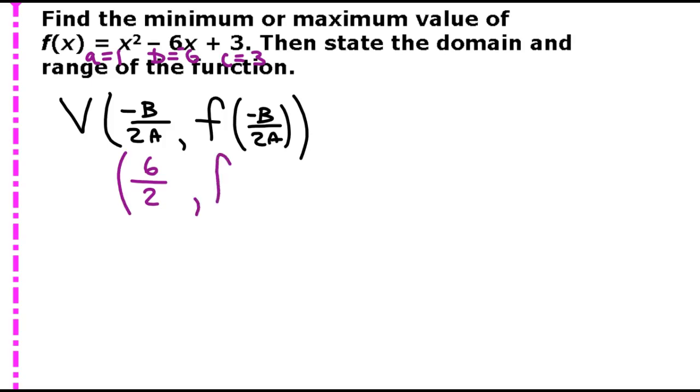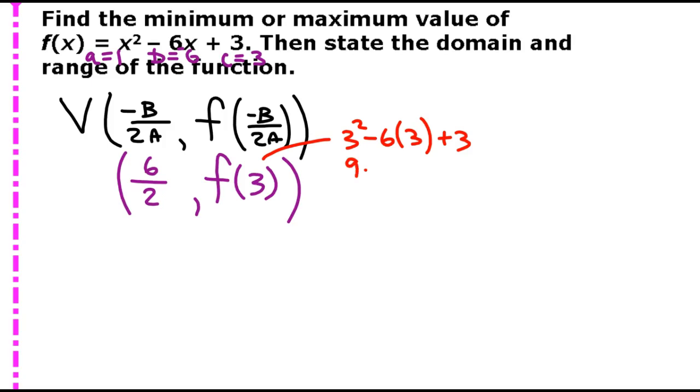So that's going to be 3, and then f of 3 is my y value. I have to put 3 into the function and solve for f of x. That would be 3 squared minus 6 times 3 plus 3. So 9 minus 18 plus 3, that's going to be -6. So my vertex is 3, -6.